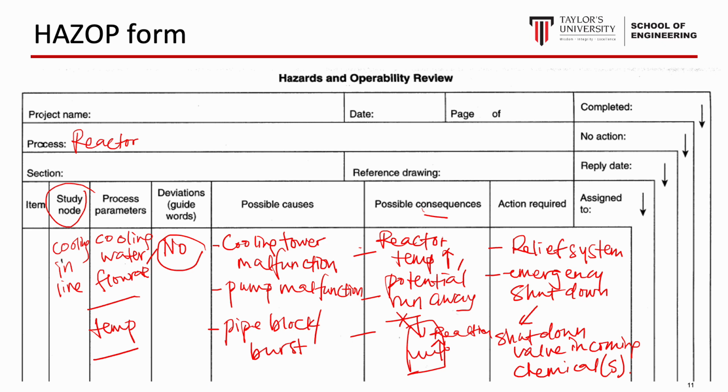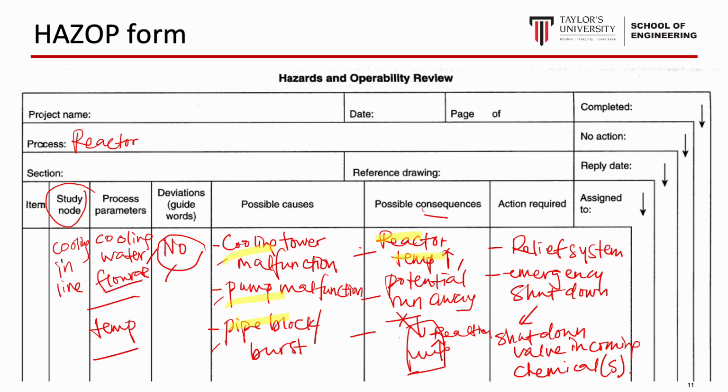As you can see, just by looking at one parameter, one flow rate, with no flow as a guide word, we already have a few possible causes in here, and also a few potential consequences.